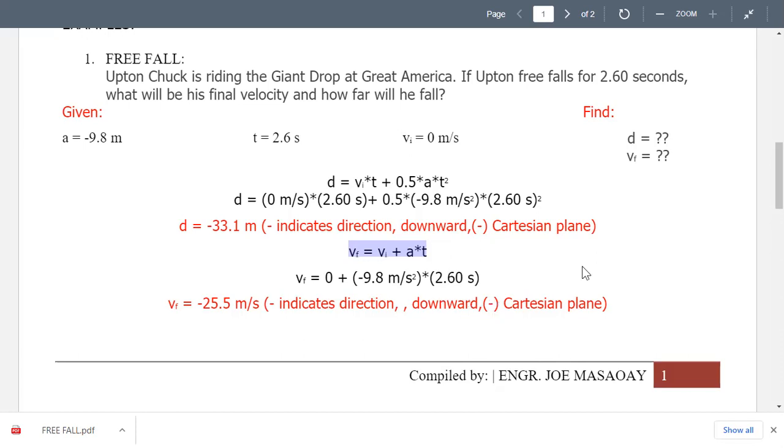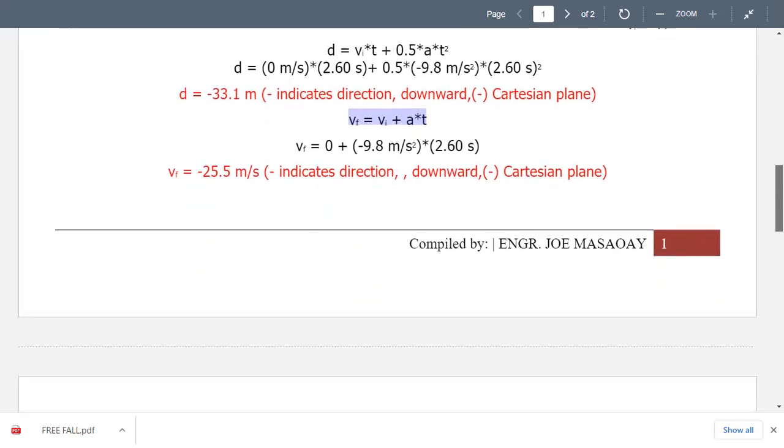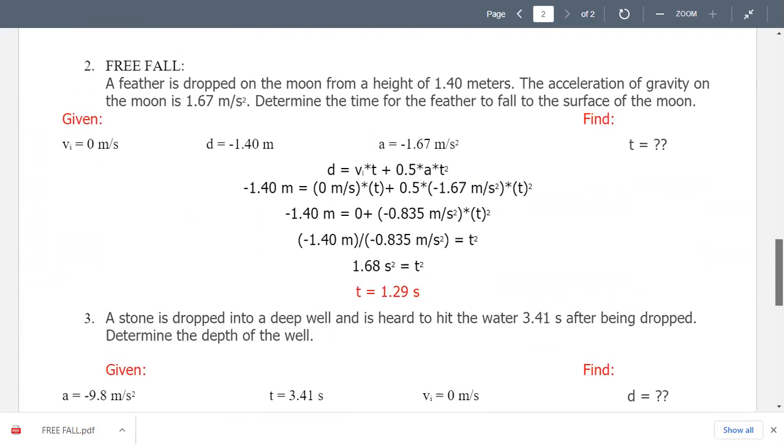Let's proceed with the second example. A feather is dropped on the moon from a height of 1.40 meters. The acceleration of gravity on the moon is given as 1.67 meters per second squared. Determine the time for the feather to fall to the surface of the moon. So we are given the following values.